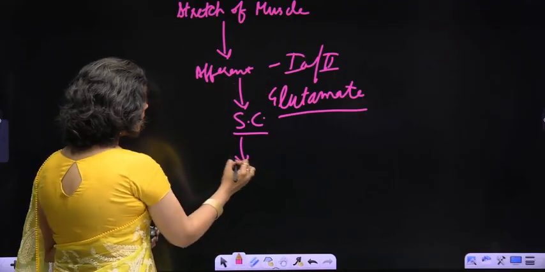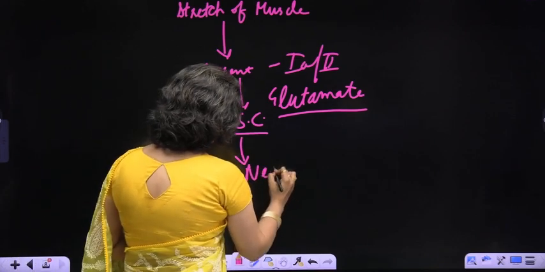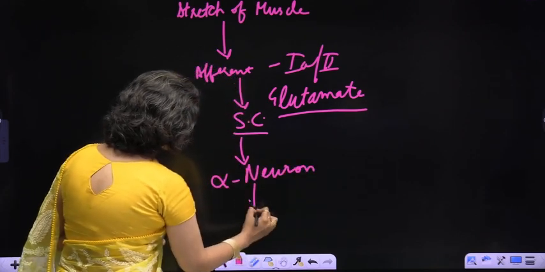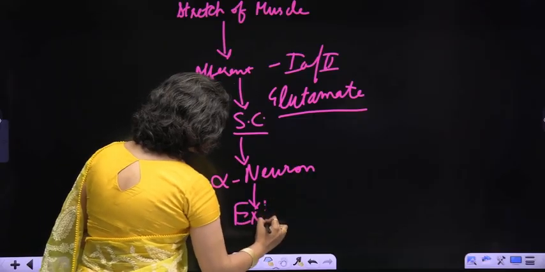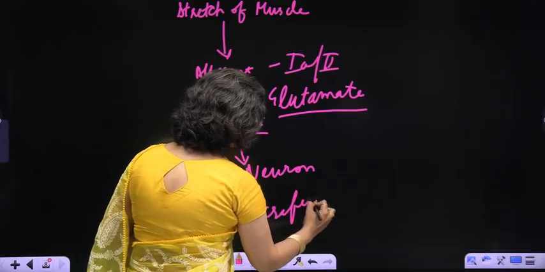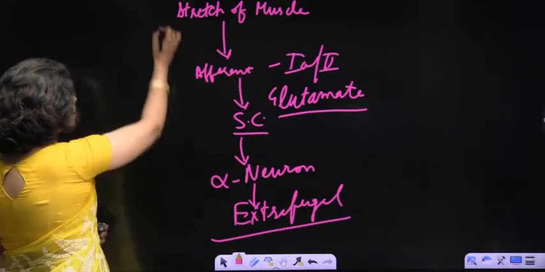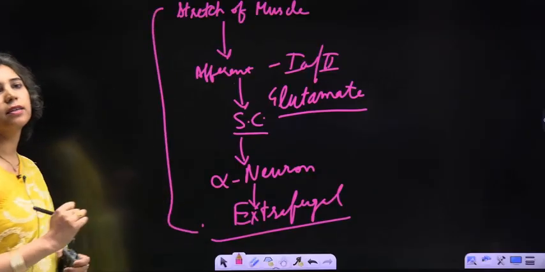From the spinal cord, impulses via the alpha motor neurons supply extrafusal fibers and there is muscle contraction. This is the entire mechanism behind the stretch reflex.